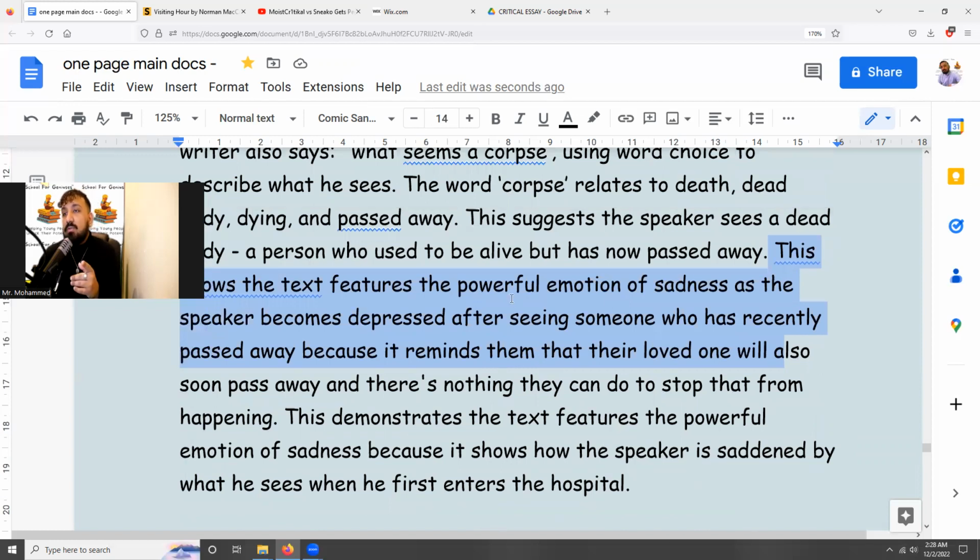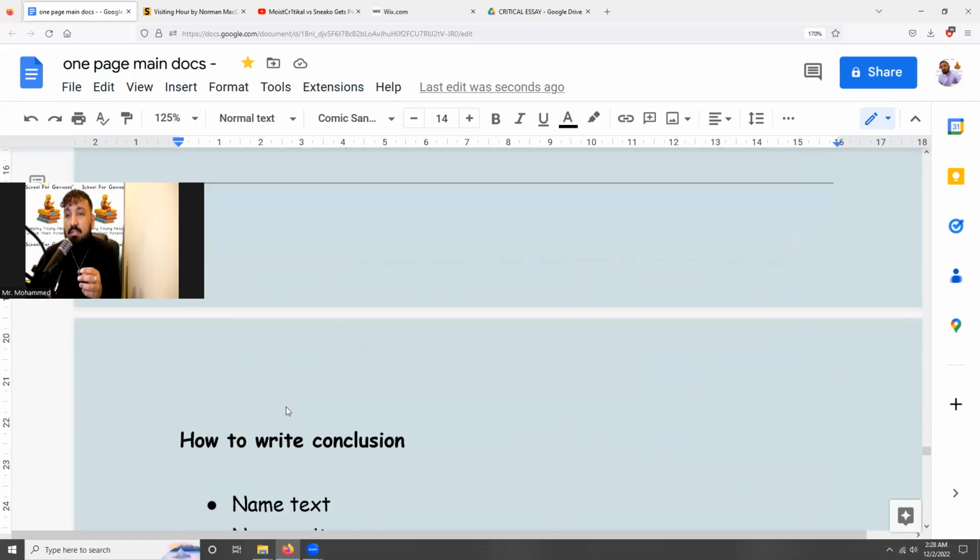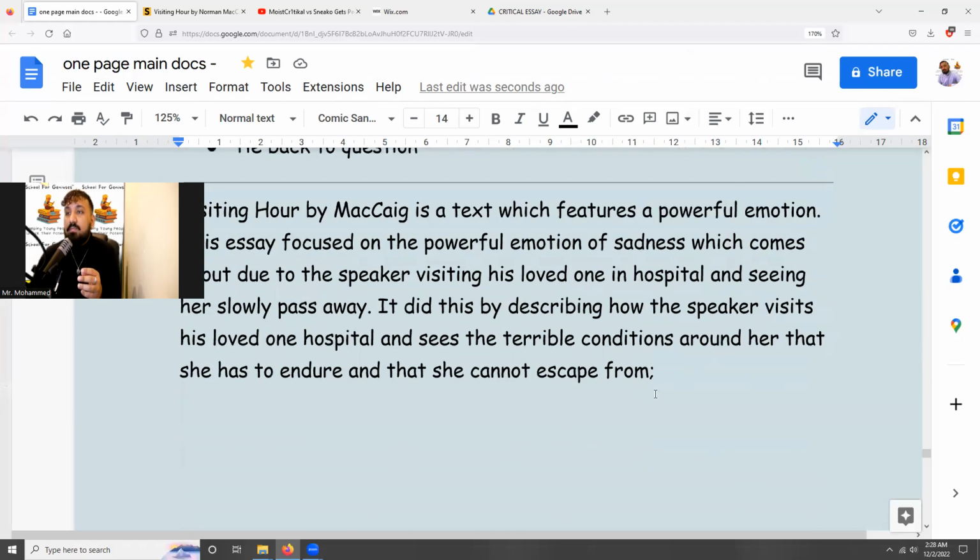So we have the text shows the speaker becomes depressed after seeing someone who's recently passed away. It reminds them that their loved one will also soon pass away and there's nothing they can do to stop it happening. So now I'm going to mention that. Okay.